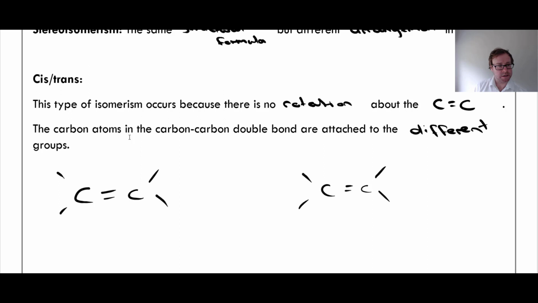E.g., let's do an example. So say I have, let's do a different colour, a methyl group here and a methyl group here, and an H and an H, and my methyl groups up here.